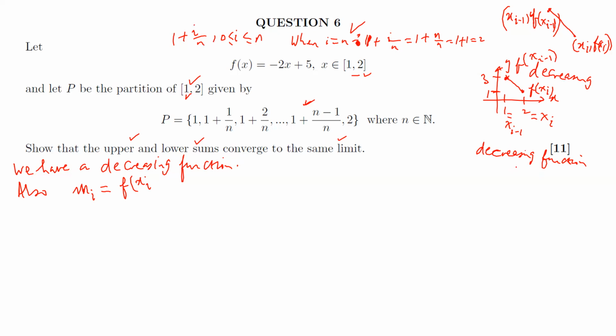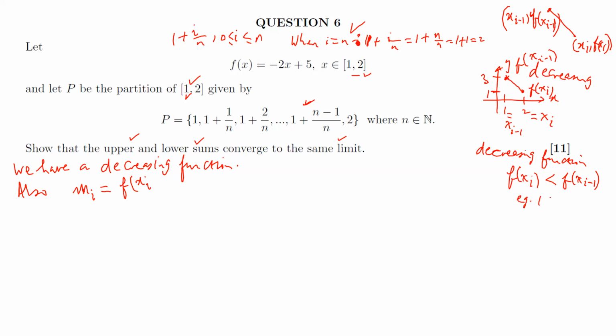So we compare f(xi) with f(xi minus 1). We compare which one is bigger. The biggest one is the highest one. So we can see that here, f(xi) is like 1, and then f(xi minus 1) is 3. So f(xi) is smaller.